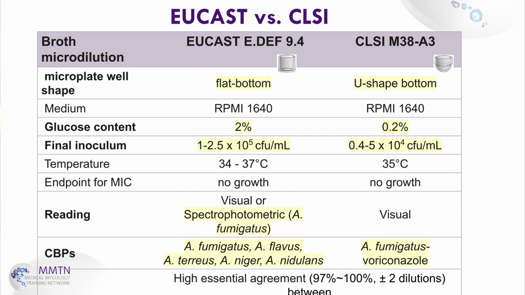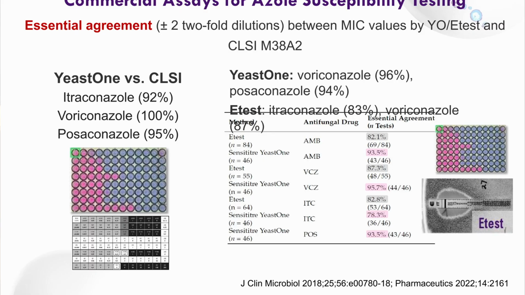Although there are some differences between the 2 methods, earlier studies revealed high essential agreement between the azole MIC determined by CLSI and by EUCAST.